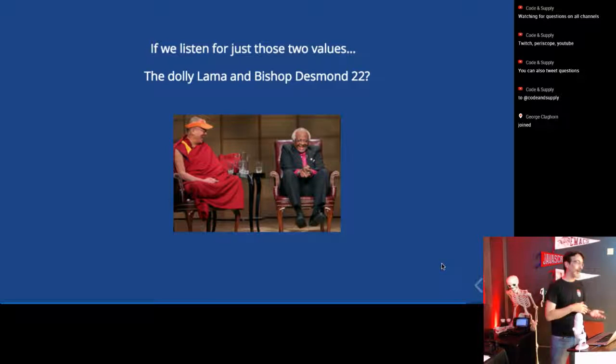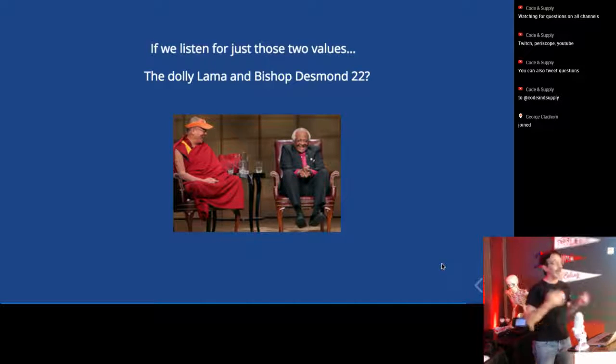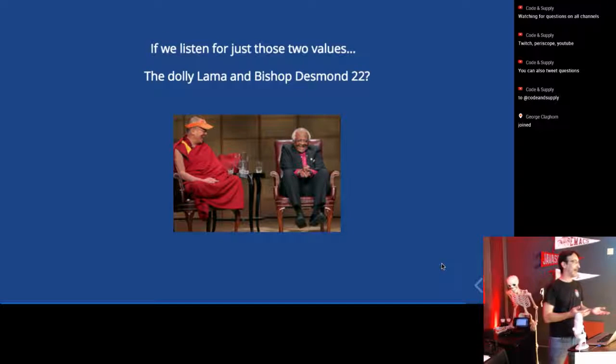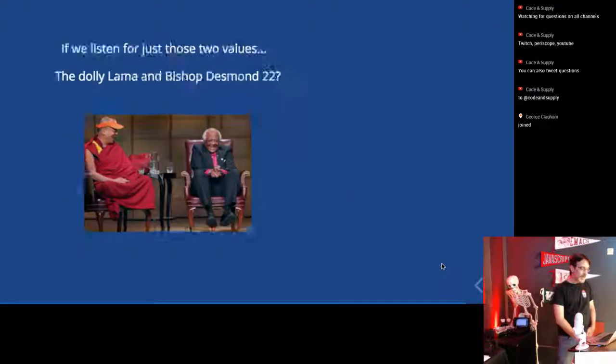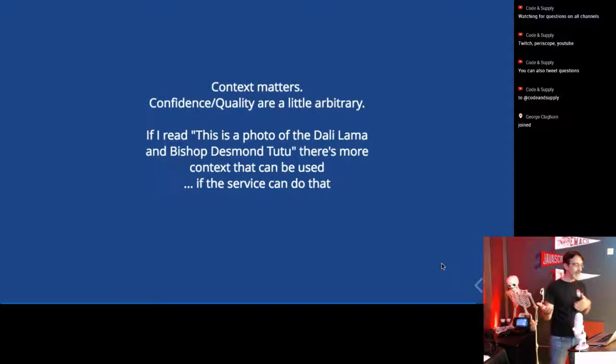Here, that would probably come out dolly and tutu, right? Which is not correct, right? So the context matters. The quality and confidence are like very arbitrary. Whether there's like learning involved in getting better at it, whether there's voice training, like all of that is like opaque and unknowable, right?